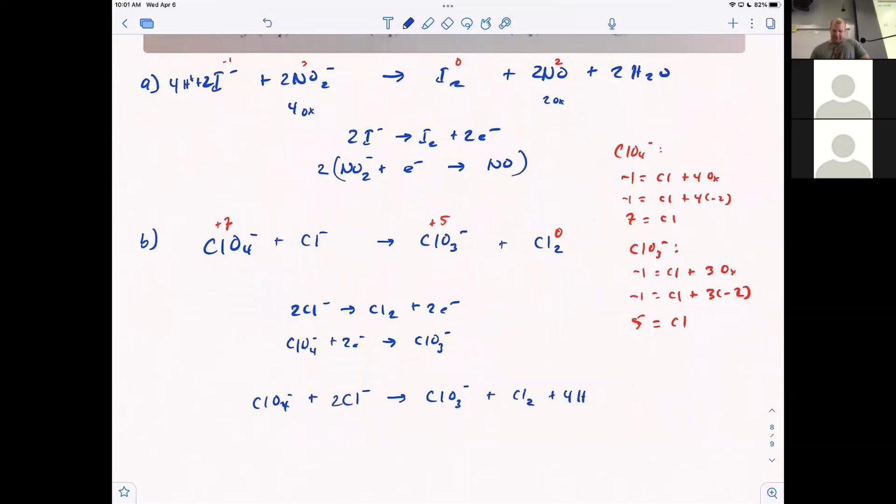We have ClO4, 4 oxygens on the left, ClO3, 3 oxygens on the right. So we need an extra water to balance off that extra oxygen. And then we need 2 acids to counterbalance that water. And then we're done.